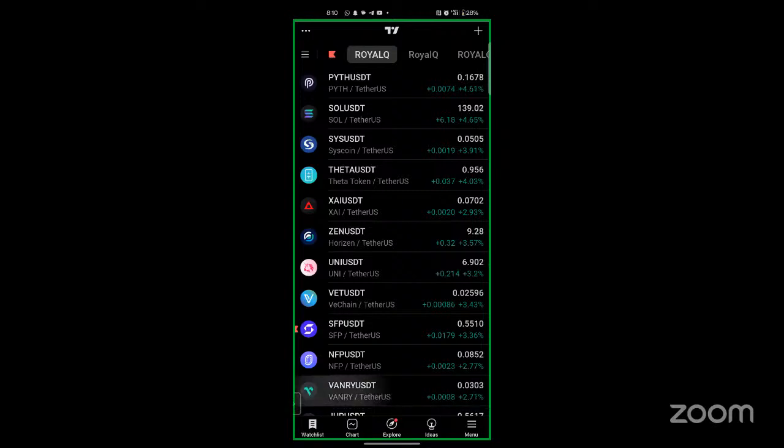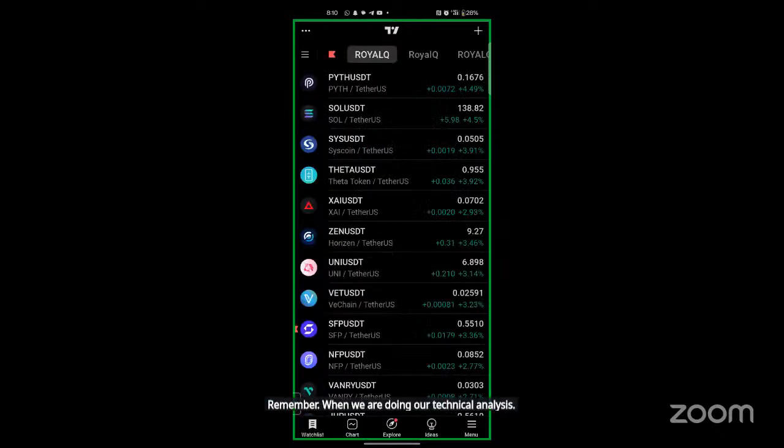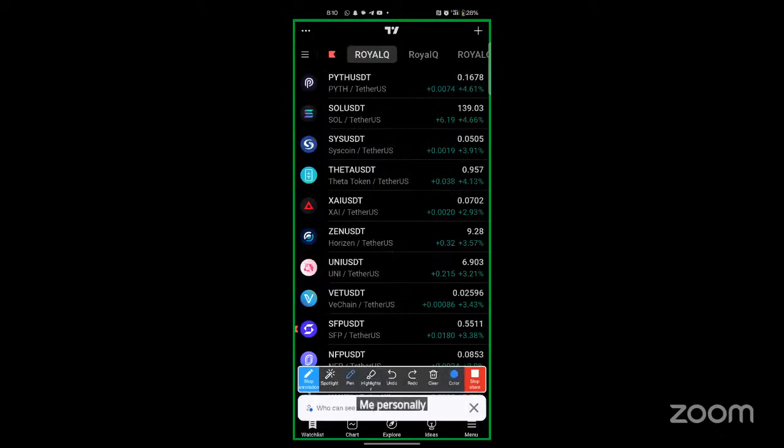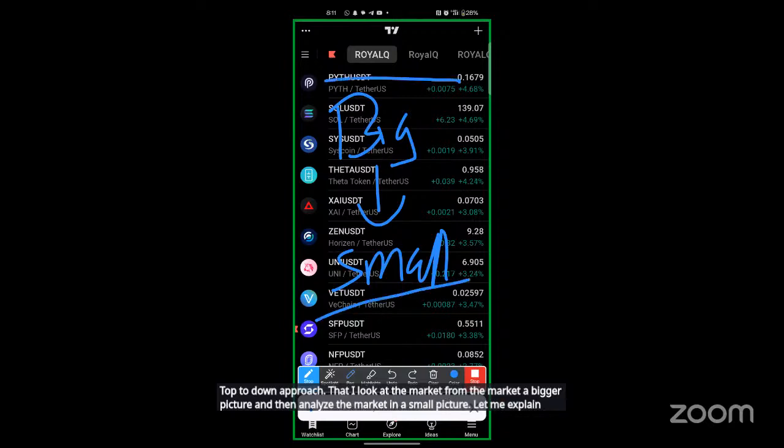Remember, when we are doing our technical analysis, me personally, I love what we call a top to down approach. That I look at the market from a bigger picture and then analyze the market in a small picture.